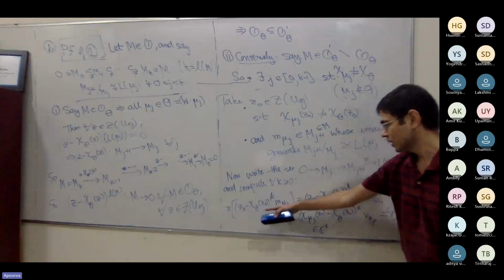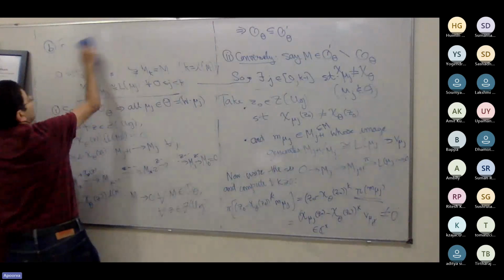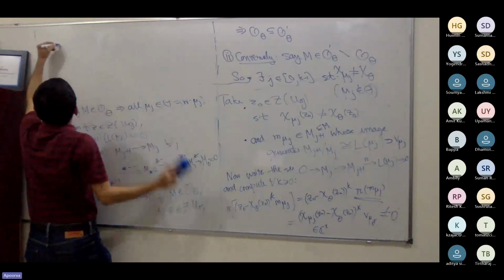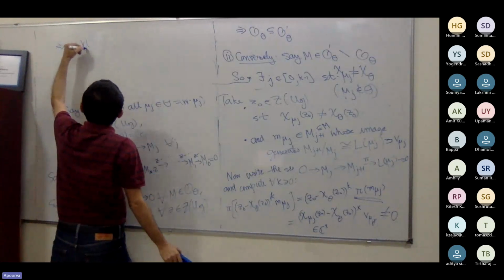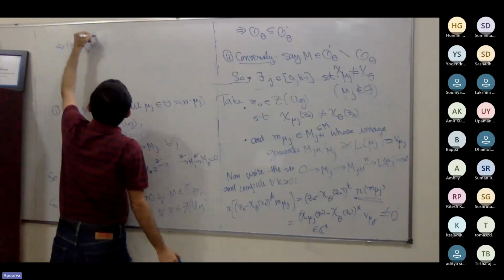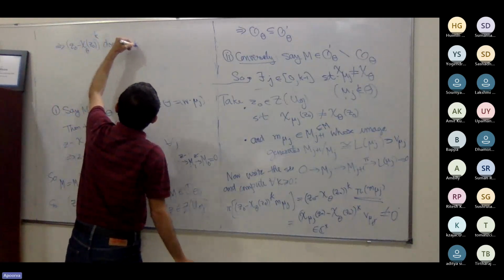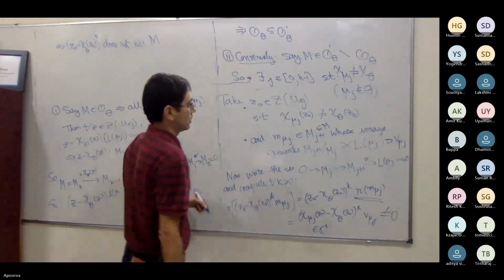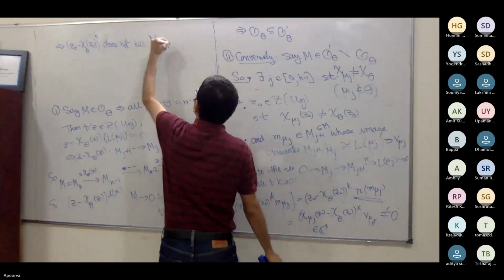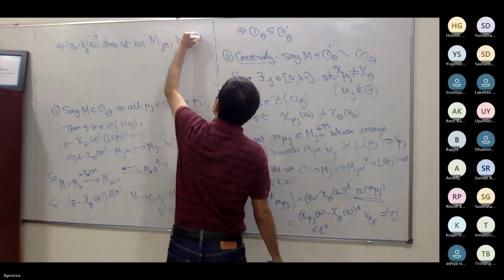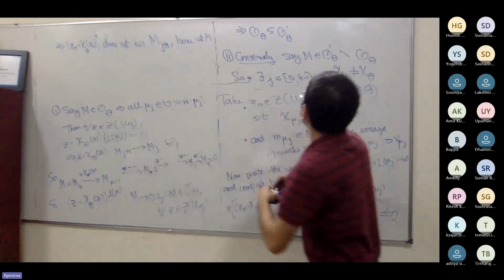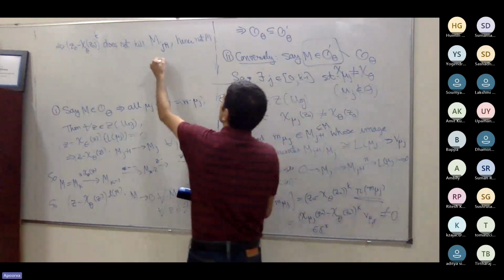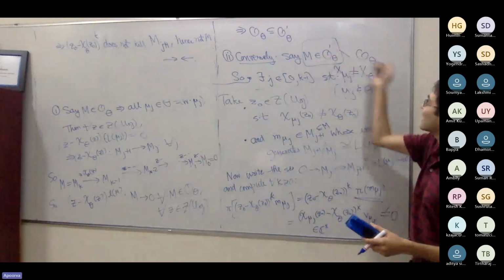So for every single k, this power doesn't kill it, i.e., z naught minus chi theta of z naught to the power k does not kill a single vector inside the module, so it does not kill the module M j plus 1 itself. But the whole point of assuming this was that there is some power that kills it. That's a contradiction, so this condition cannot happen.